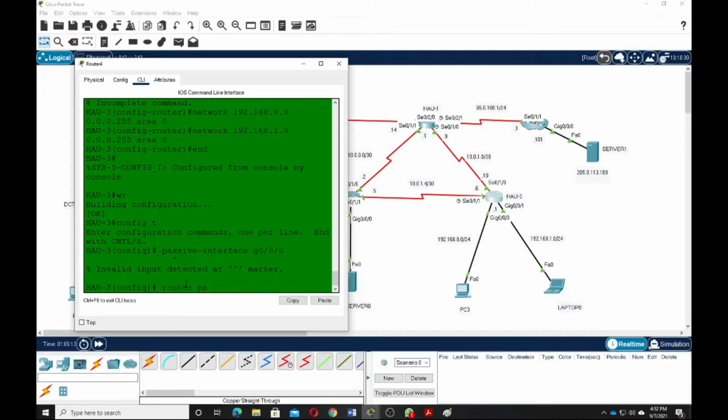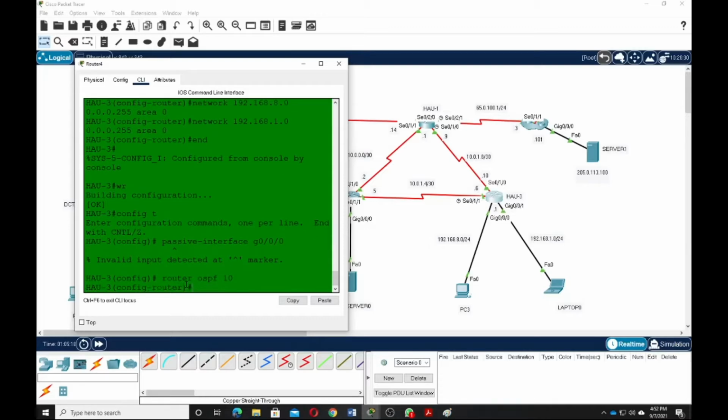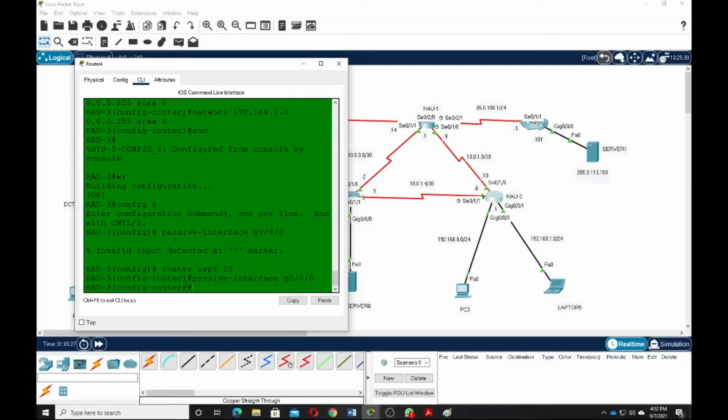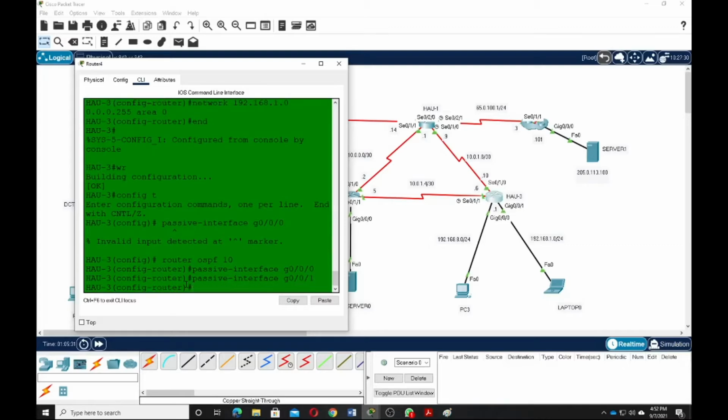Router OSPF 10, passive-interface G0/0/0, and then also G0/0/1.